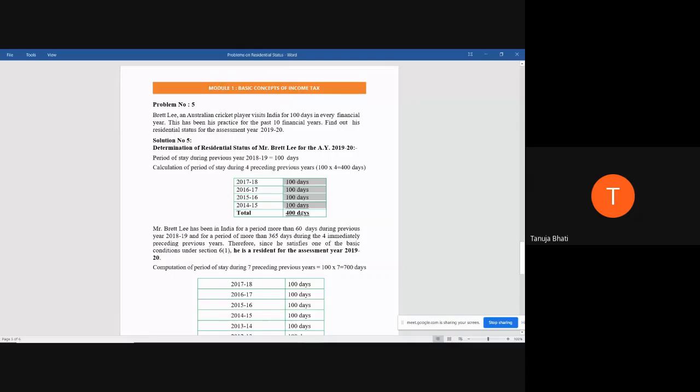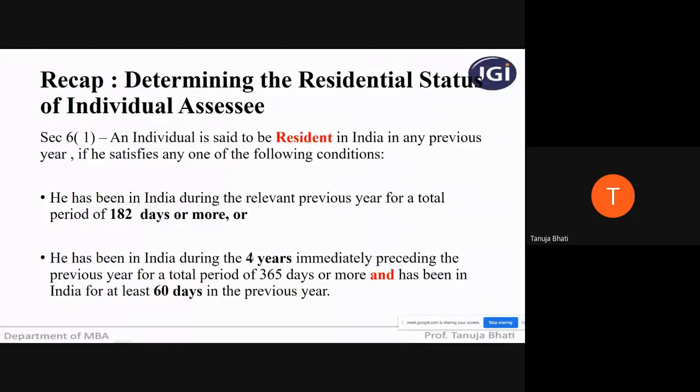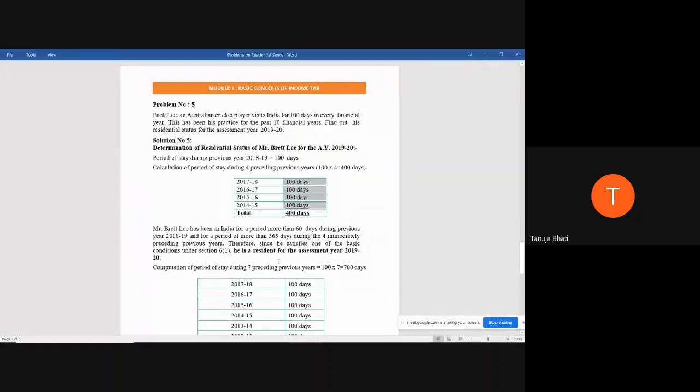The second basic condition says that his stay in the 4 years immediately preceding the relevant previous year should be 365 days or more, and his stay in the previous year should be at least 60 days. Both parts are fulfilled: 100 days in the previous year is more than 60, and 400 days is more than 365. So he is fulfilling the second basic condition.